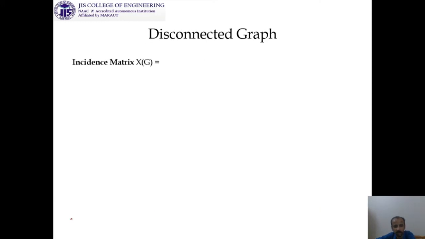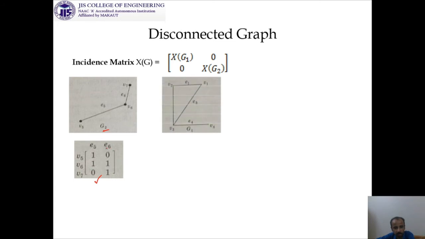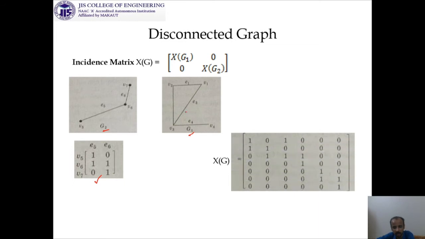Similarly, following the same definition, we construct the incidence matrix of another component G2. There are 3 vertices and 2 edges, so the construction is done. Now we introduce the first component again, so there are 2 components and we get the matrix representation in this form.